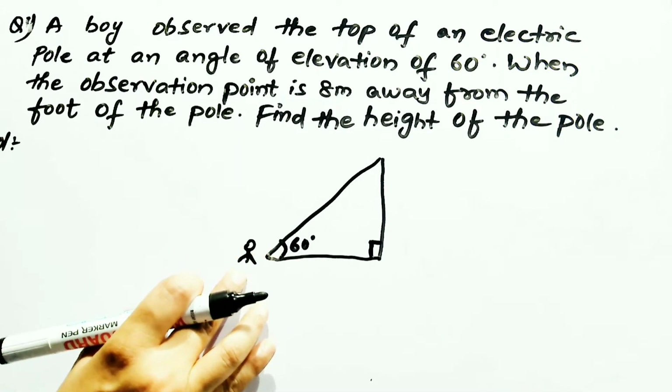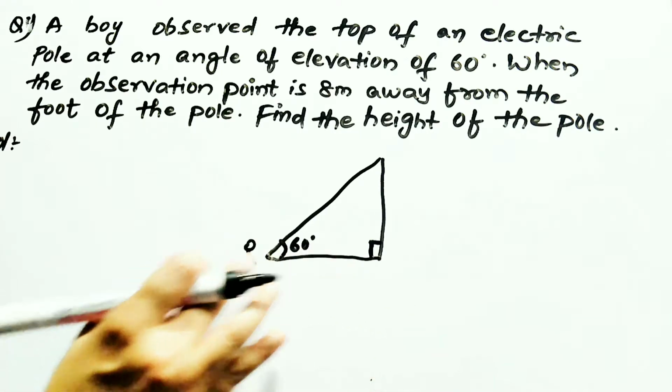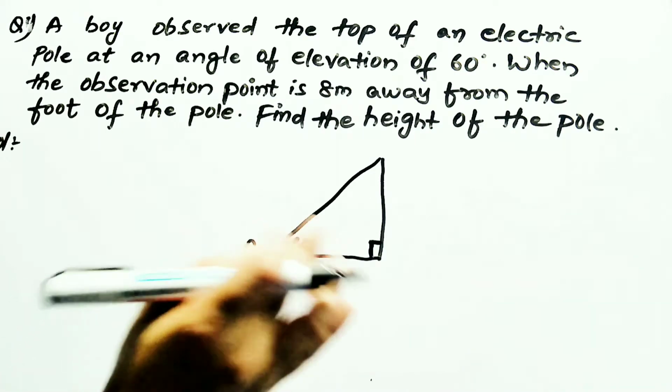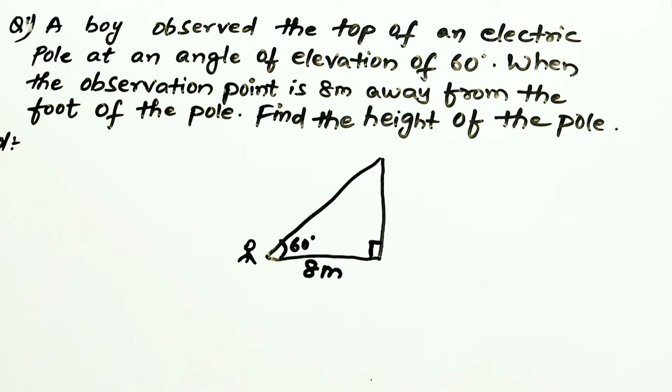This is called your observer point. The distance between the boy and the pole foot is 8 meters, that is, 8 meters between the observer and the pole.